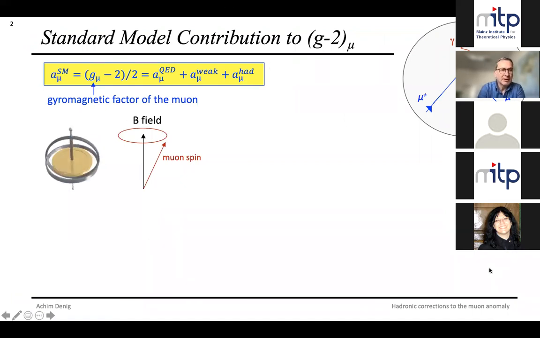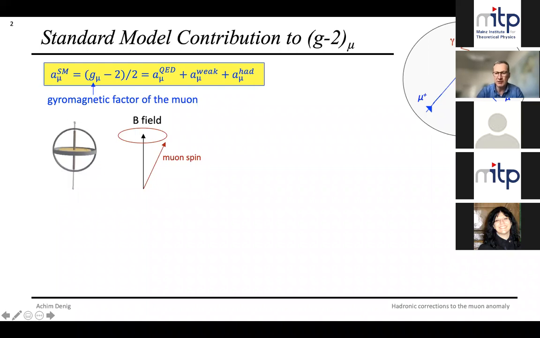Okay, good. So we are dealing with the gyromagnetic factor of the muon. And this is, of course, as you know, related to the magnetic moment of the muon. So how a muon is coupling to the magnetic field. And in a quantum field theoretical picture, in this Feynman diagram, you see exactly this coupling.